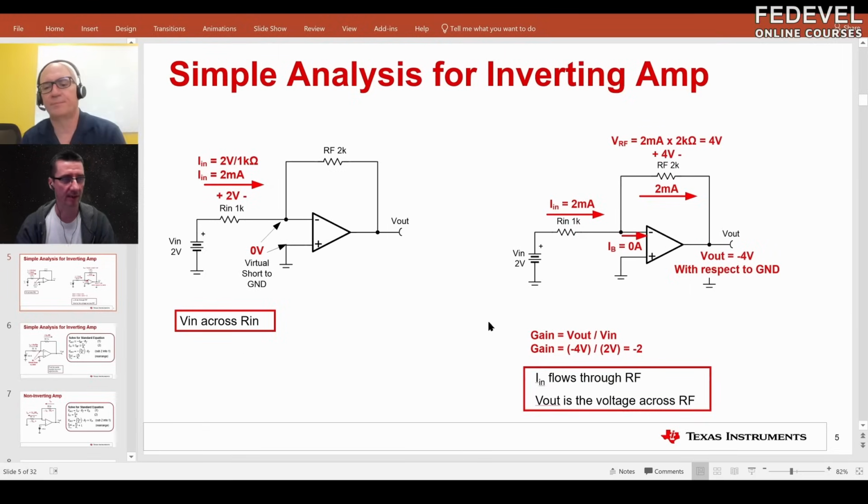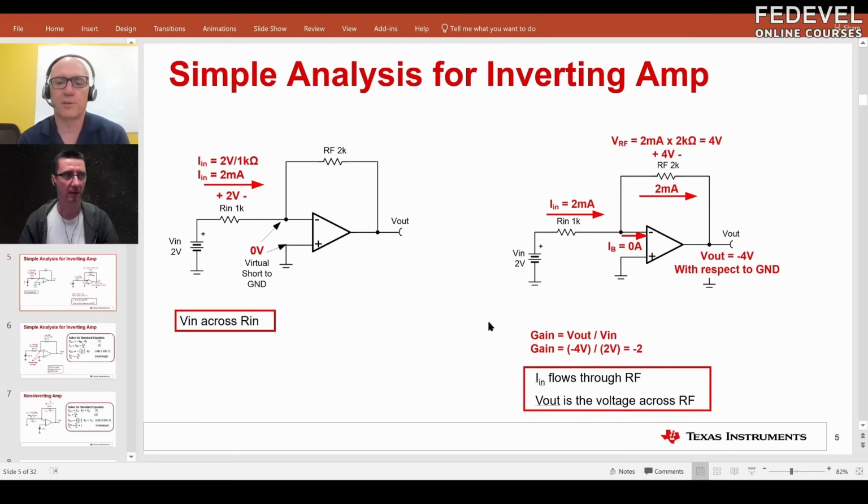So basically, this is how we can control the amplification between the input and output. With these two resistors, if you use different values, then we can multiply the input by any number we want and get it on the output.